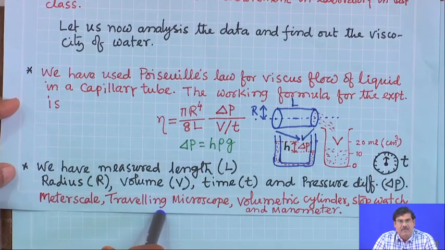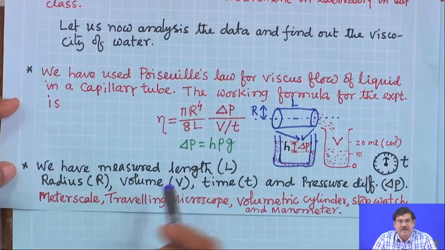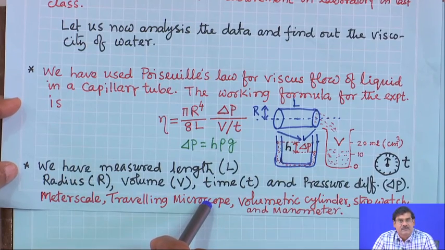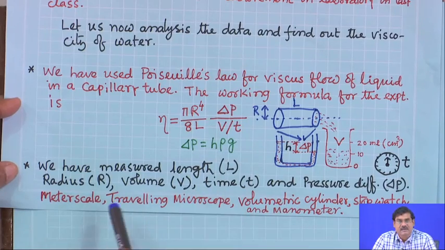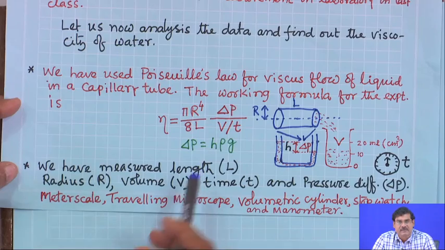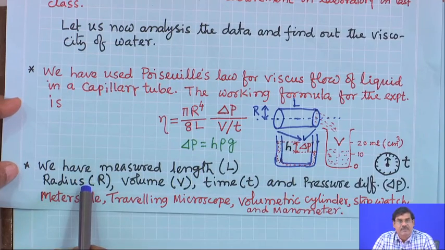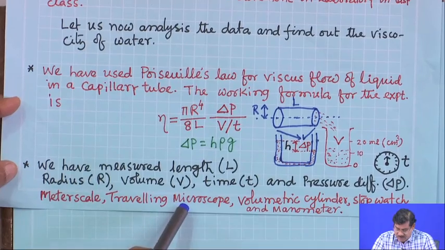Here the same kind of capillary tube, maybe of different radius, we have used. So, using travelling microscope, or there is another method using mercury, one can also find out the radius of the tube.